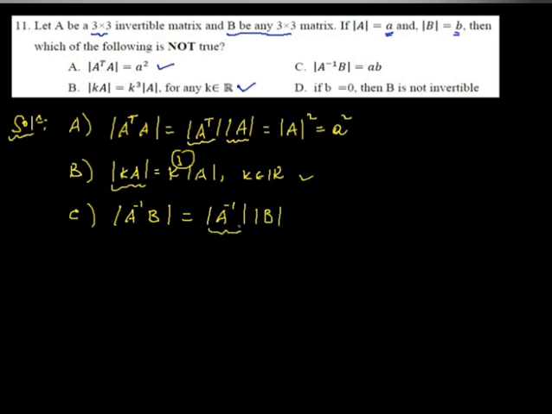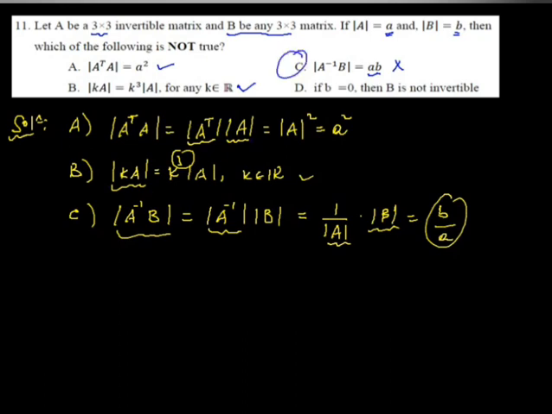The determinant of A inverse can be expressed as 1 over the determinant of A, times the determinant of B. Here the determinant of B is small letter b and the determinant of A is small letter a, so the whole thing is b over a. Here it says a times b, but it's not a times b; the result is b over a, so this is the wrong statement, which is the required answer.